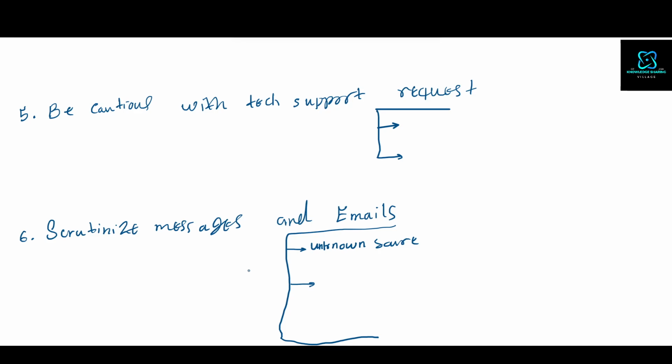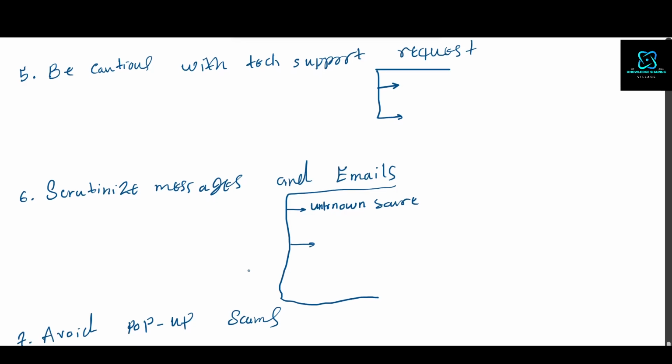Before you click on any link or picture, contact your friend immediately and ask them if they have sent that message or email to you, because they may be a victim of the attack and the attacker impersonates your friend, has hacked their system, and sent scam emails or messages via their email address and phone number. That's why the sixth step is also very important, to scrutinize the messages and emails that you are receiving.